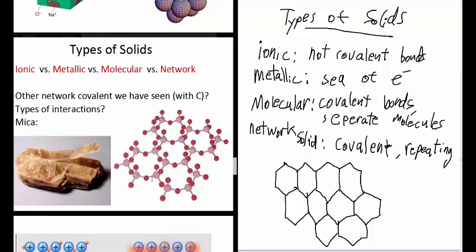And in mica, most of these atoms are silicon and oxygen. So the pink ones are silicon, the red ones are oxygen. And this isn't just one molecule here. It doesn't stop there. It keeps going. We can only really represent a small part of it. So it just keeps repeating these same hexagonal structures.